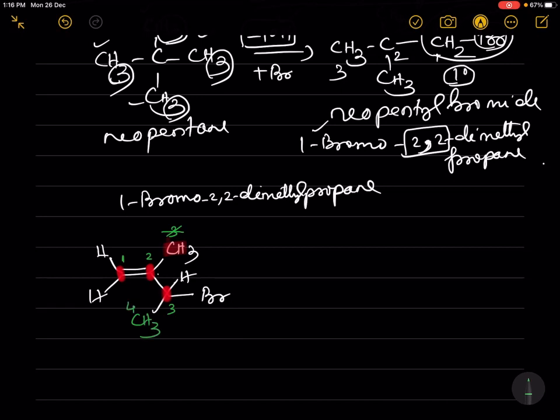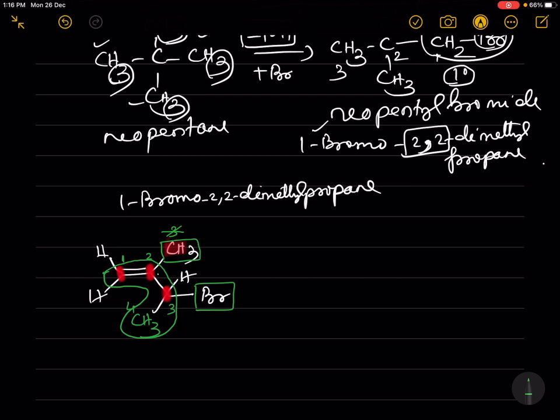So this is the parent chain. You know, parent chain contains the maximum number of carbon atoms. Then bromine is a substituent. Here methyl is also another substituent.